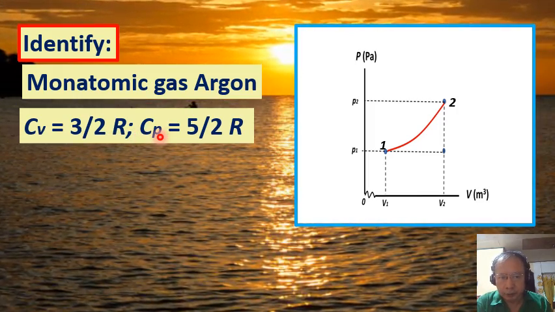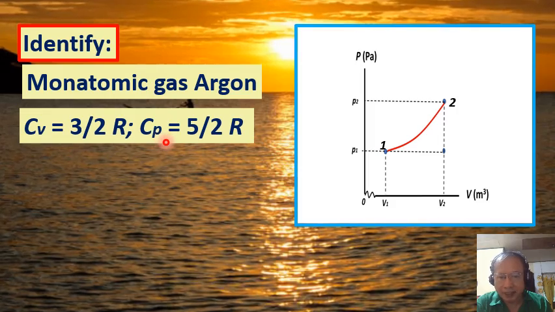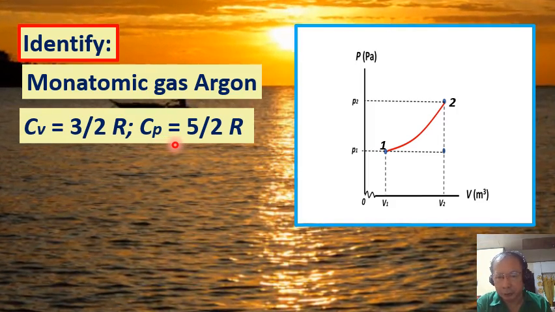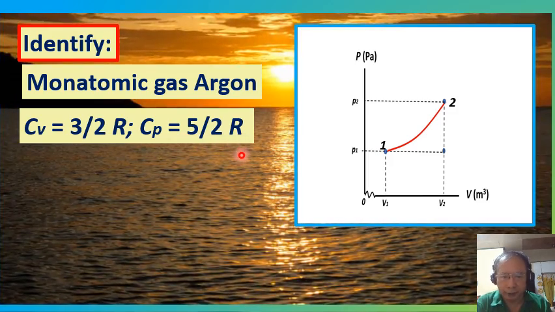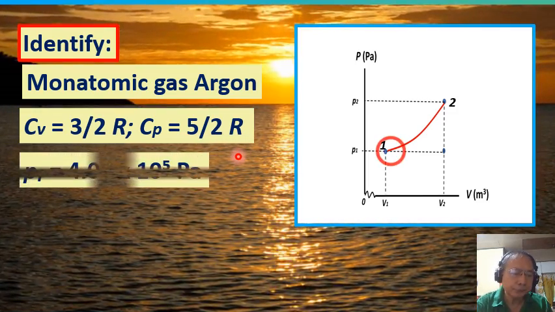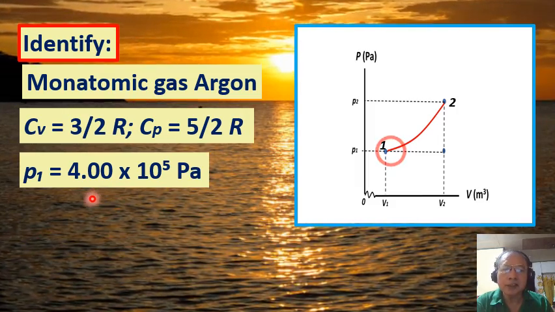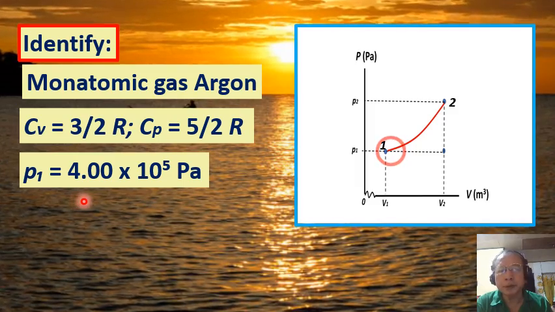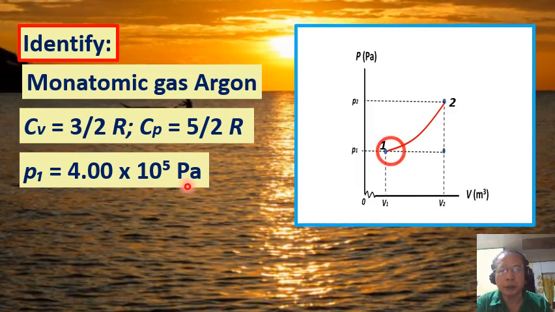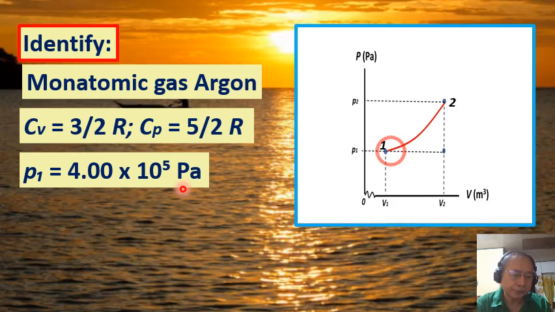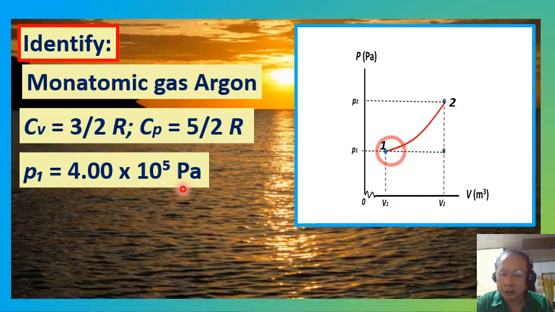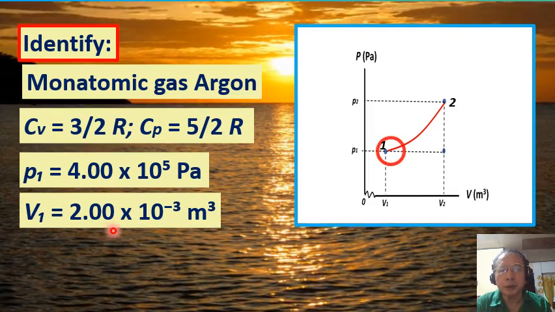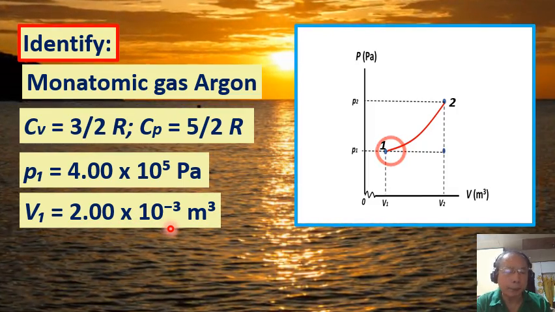Also, argon has a molar heat capacity at constant pressure, denoted by capital C sub P, equal to 5/2 R. Its initial pressure, P1, is equal to 4.00 times 10 to the fifth power Pascal, and its initial volume, V sub 1, is equal to 2.00 times 10 to the negative 3 meter cube.